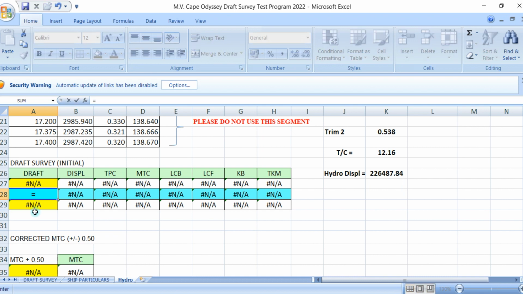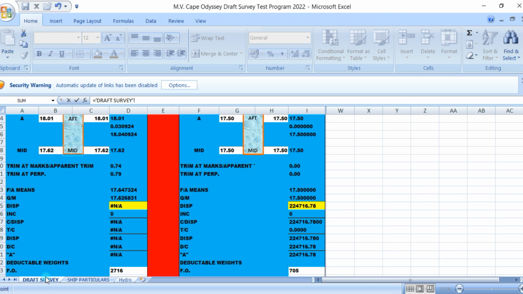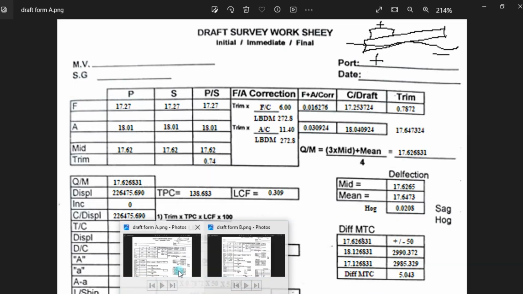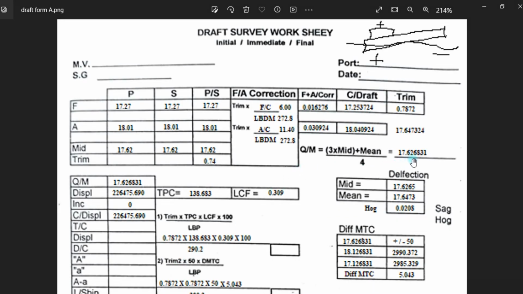Then we go to the drop survey and click this quarter mean graph. Click this one, then you press enter. Then here it is 17.626831, which is this one, and this one.